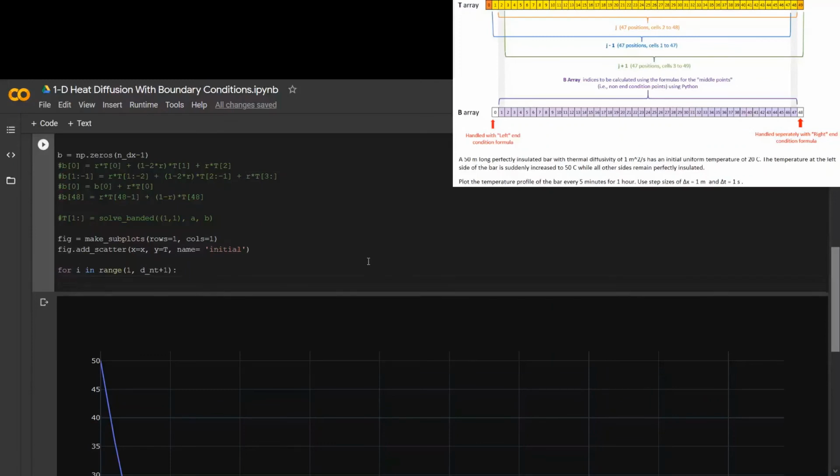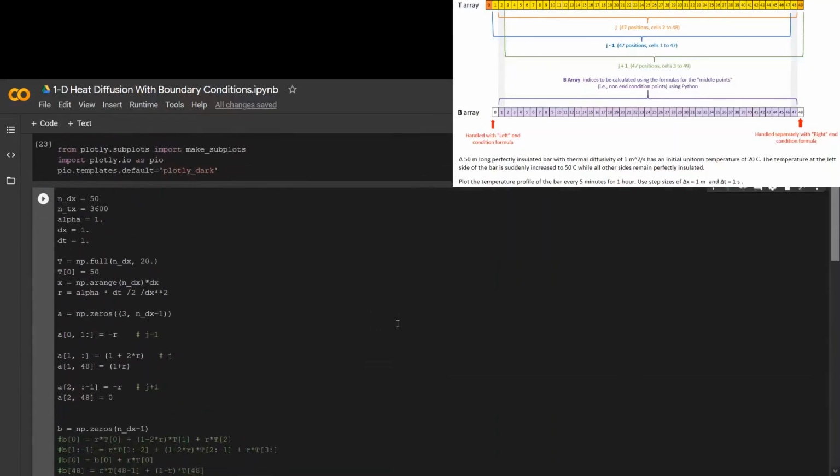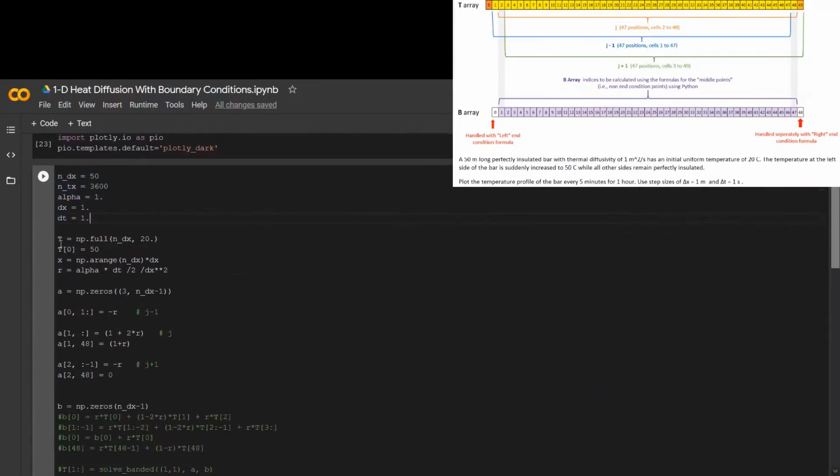What is going to be changing inside of our loop here? A and B, so we have an A and a B. Okay, let's just think about what's going to be changing. Initially when we defined these, this cluster right here, those are all constants. We're initializing our temperature array here initially, but that is definitely going to be changing, of course.